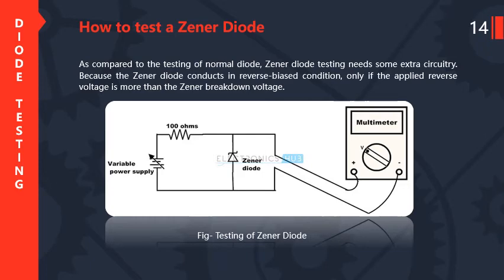So this is the circuit diagram for testing a Zener diode. For testing, we need a multimeter and the extra circuitry shown in the figure. In this circuitry, we need a variable power supply, a 100 ohm resistance, and the Zener diode. Connect the circuit according to the figure.